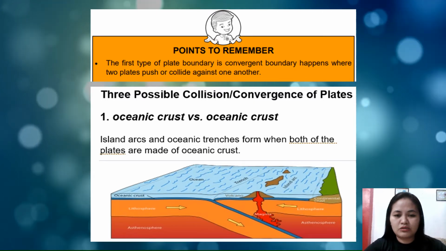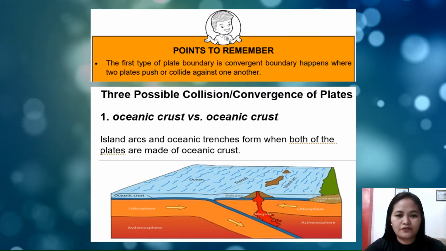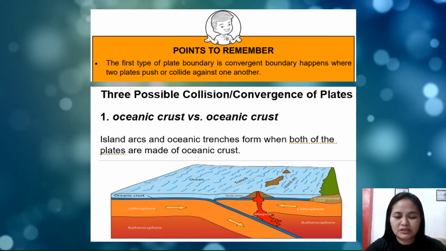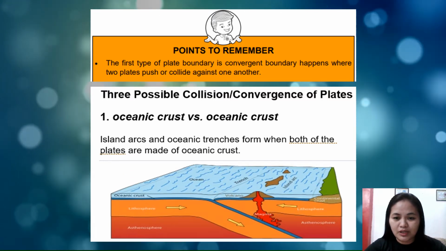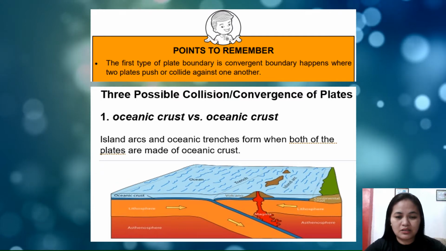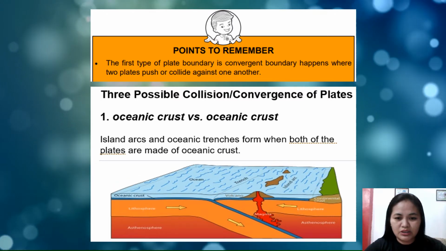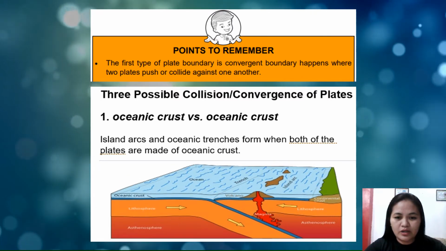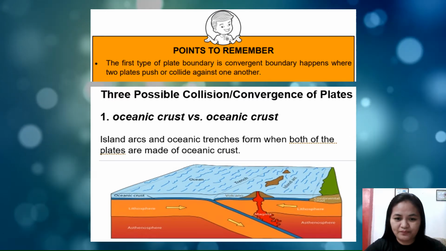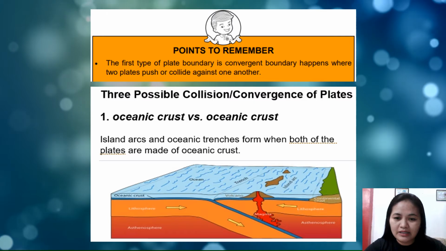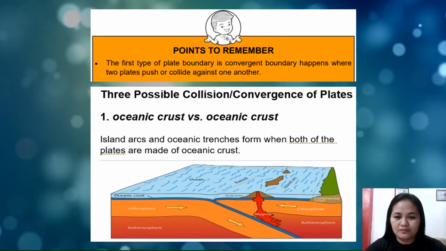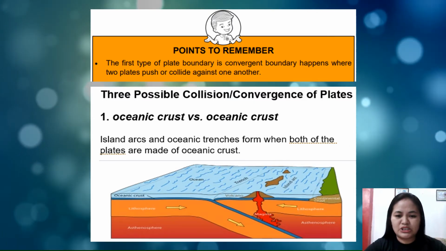And usually, when this kind of collision happens, what are formed on top of the crust? So as you can see in the picture, we have the trench. What else? We also have island arc. Why trench?